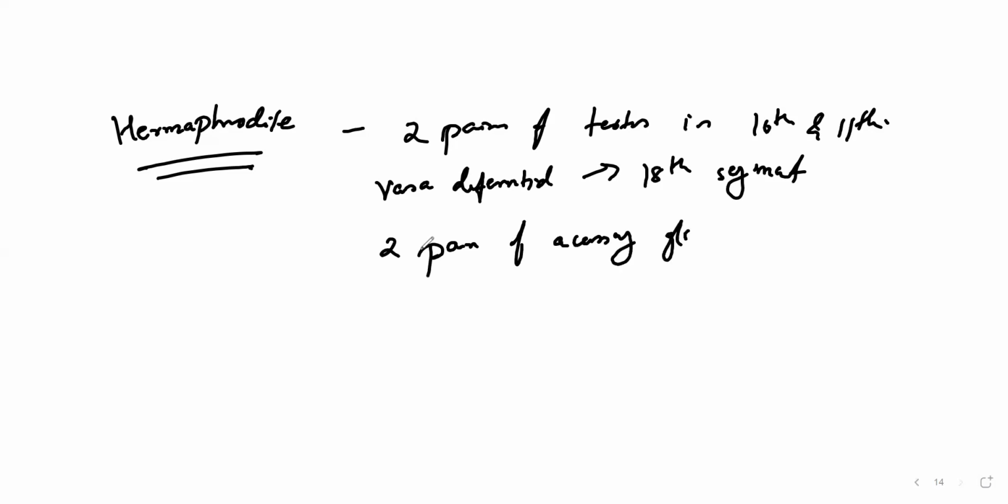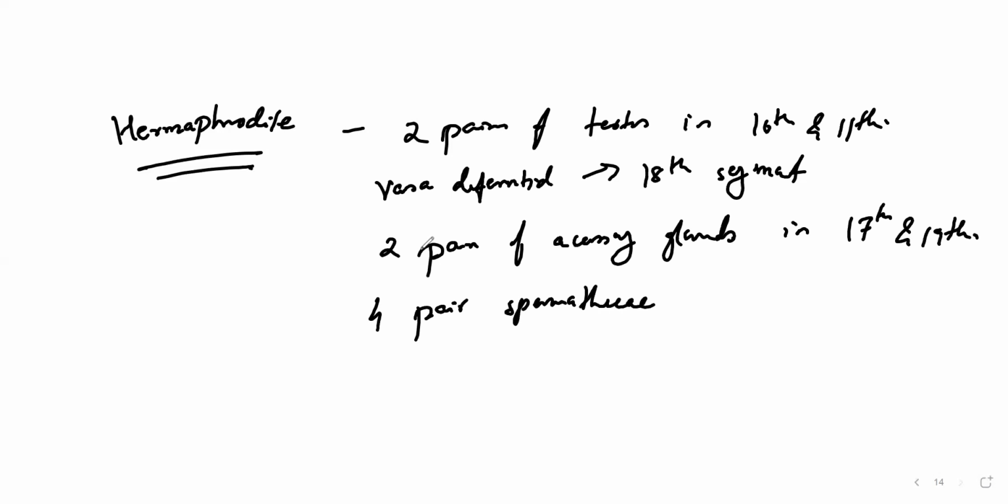These are all parts of the male reproductive system. The spermathecae will be four pairs, present in the 6th to 9th segments.